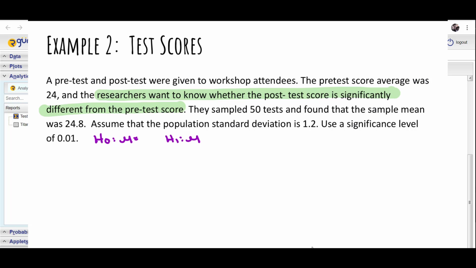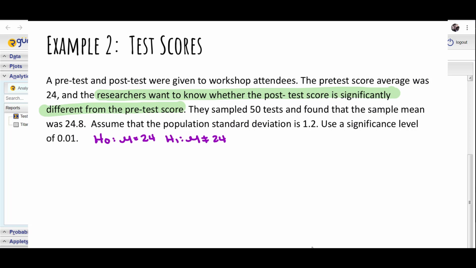We're assuming that the post-test and the pre-test are equal. The pre-test score was 24, so we're assuming they're both equal to 24. The alternate statement is that the researcher wants to know whether the post-test is different. So they're not specifying less than or greater than. So in this case, we use not equal to. Same number, 24.